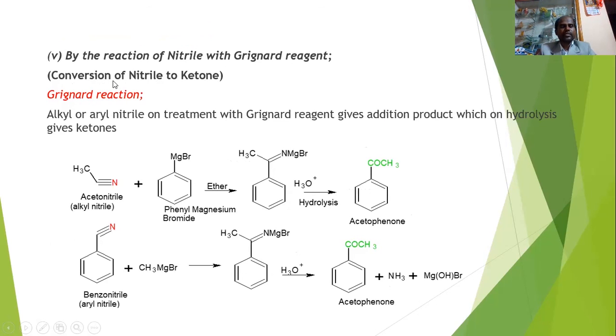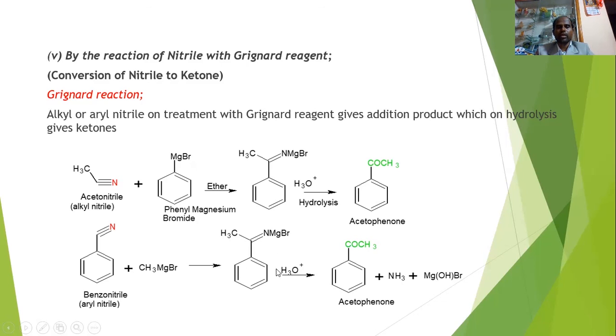Then similarly, the reaction of a nitrile with a Grignard reagent. So here this is an alkyl nitrile, and this is an aryl nitrile. Alkyl nitrile or aryl nitrile, when treated with a Grignard reagent, such as phenyl magnesium bromide or methyl magnesium bromide, in presence of dry ether gives rise to an addition product.